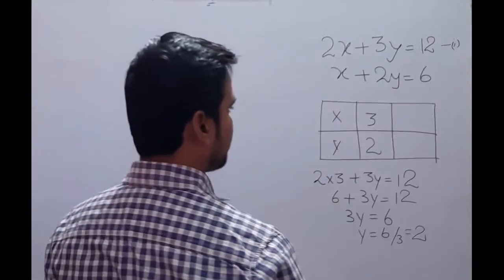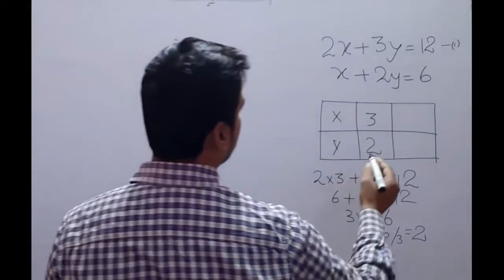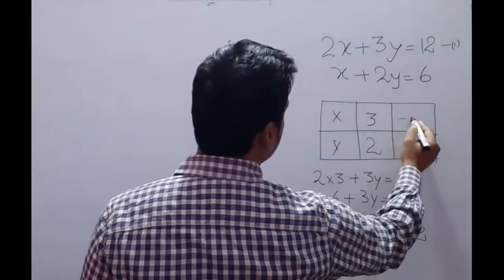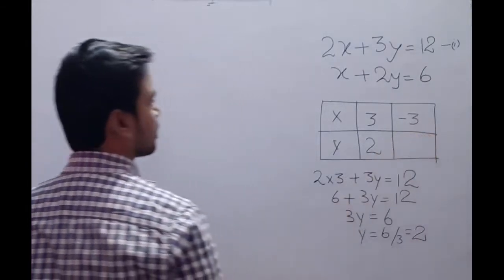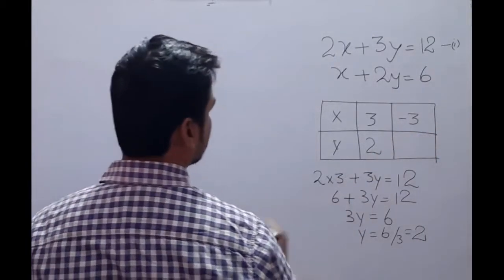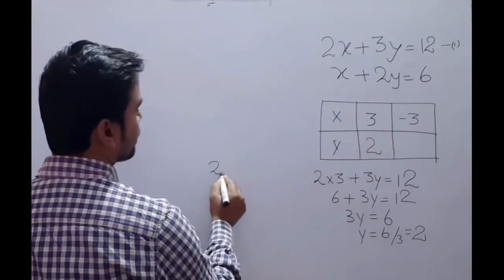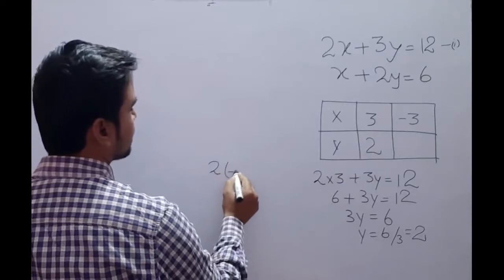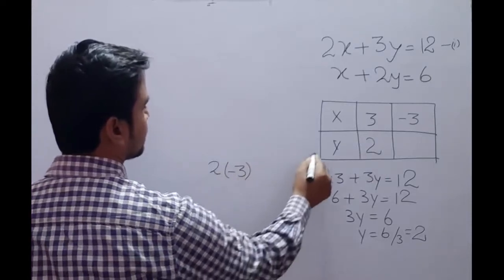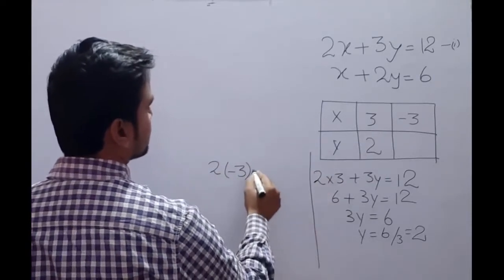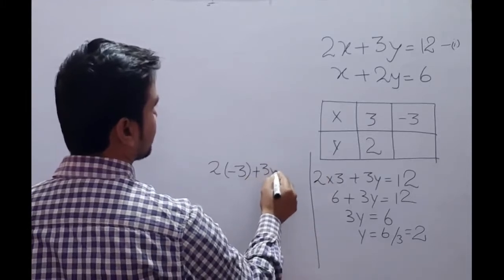Similarly, when we take the value of x as -3, so if we put the value of x as -3 in equation 1, so 2 into -3 plus 3y equals 12.